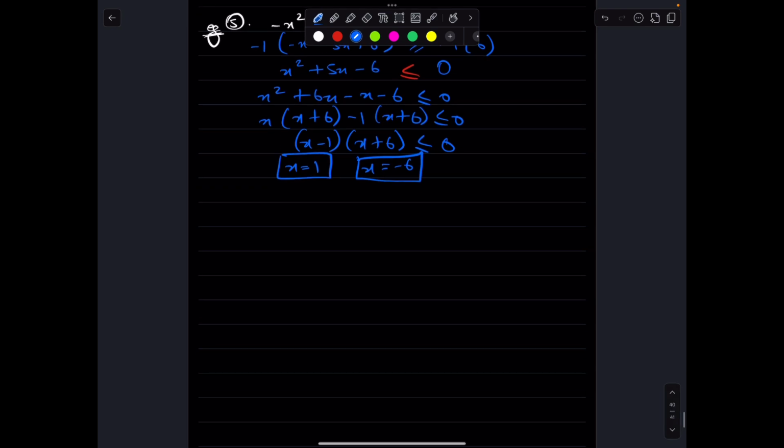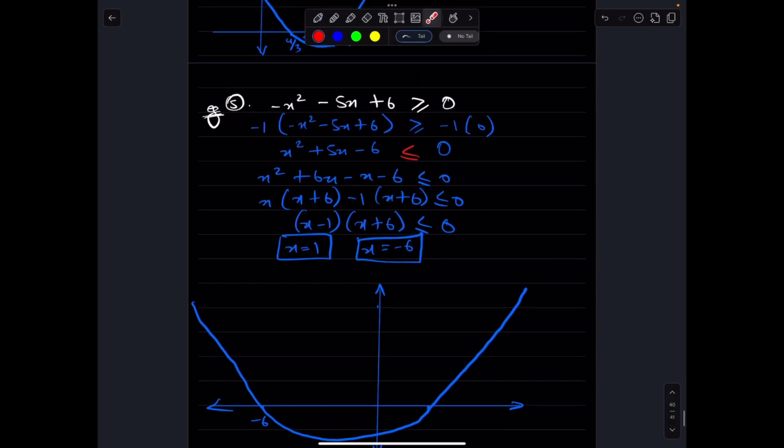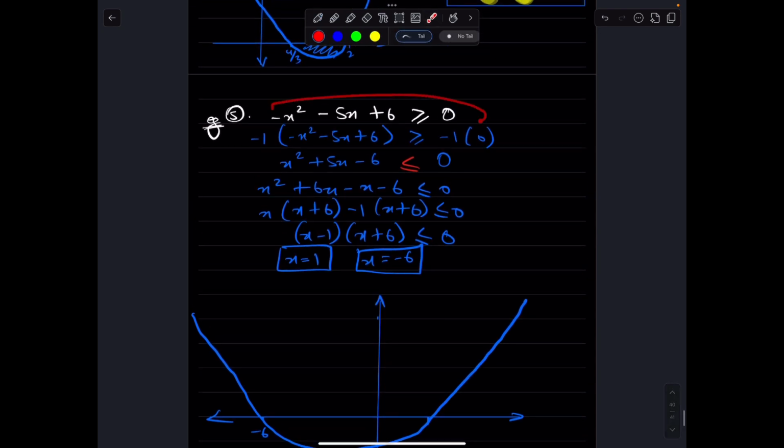So the graph would look something like this. So we have 1 here and minus 6 here. We converted a maximum curve to a minimum curve.